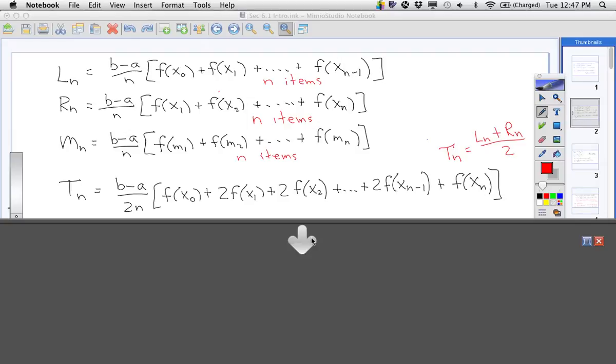Now, how many items are going to be inside of there? How many of these heights? If we have a T6, how many of these are in here? X sub 0, X sub 1, X sub 2, and it's going to go all the way to X sub n.